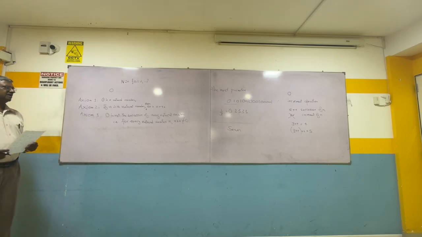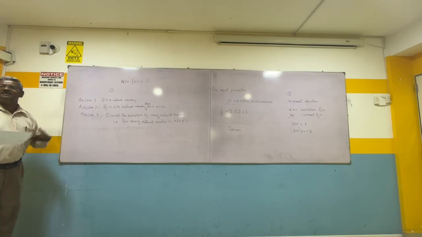For every natural number n, n plus plus is not equal to 0. So he is trying to build the natural numbers. That's what he is building.